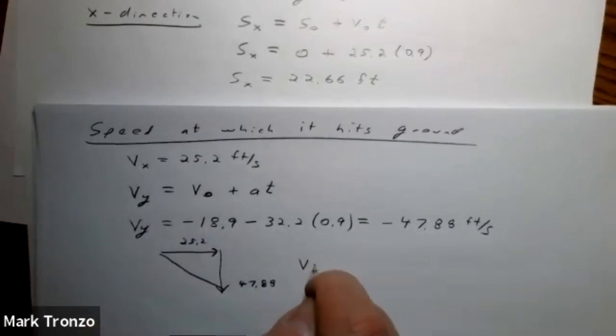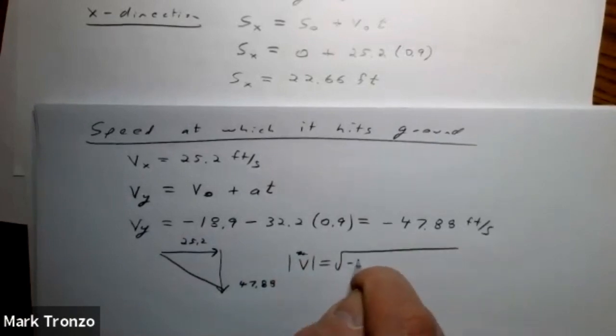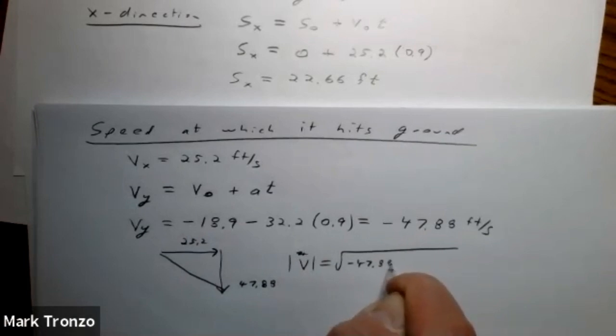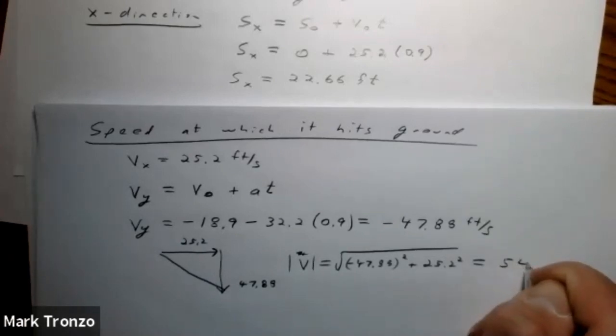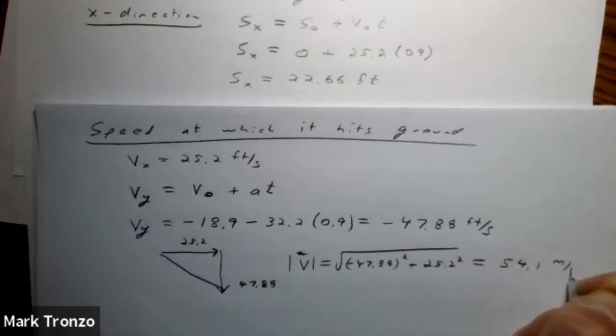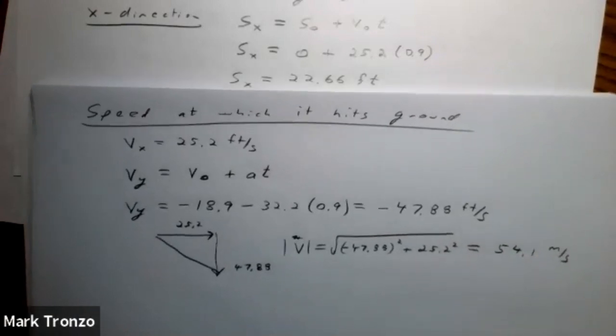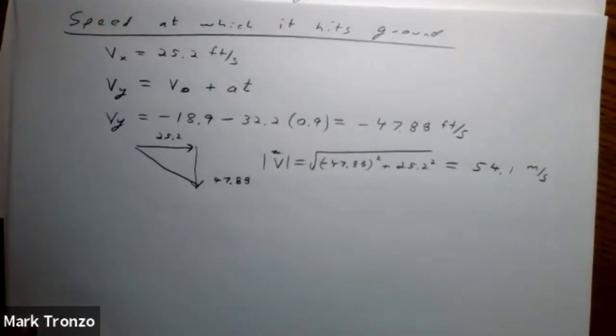So if you want the actual magnitude, it's like 54.1 meters per second. Does that look right to everyone?